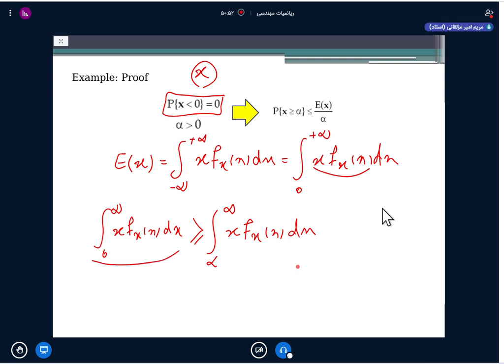Why is this integral greater than this integral? Because the function that we integrate is positive in the interval between 0 and positive infinity, and here we integrate from alpha to positive infinity.